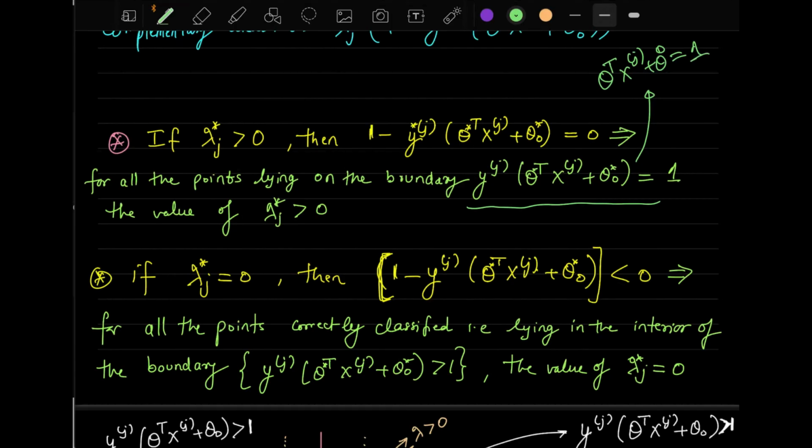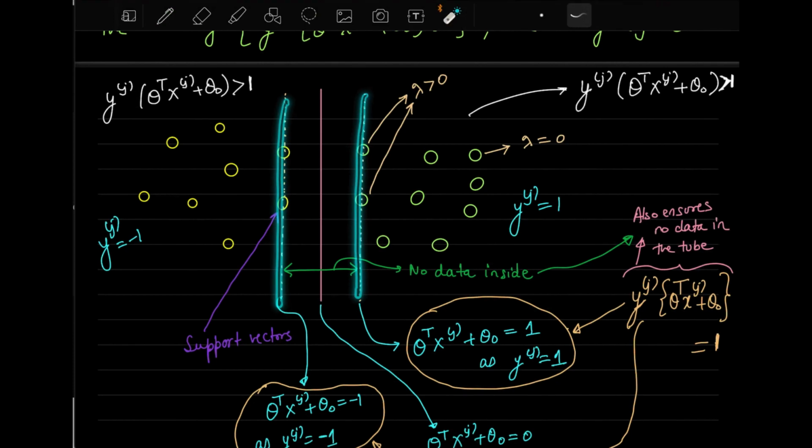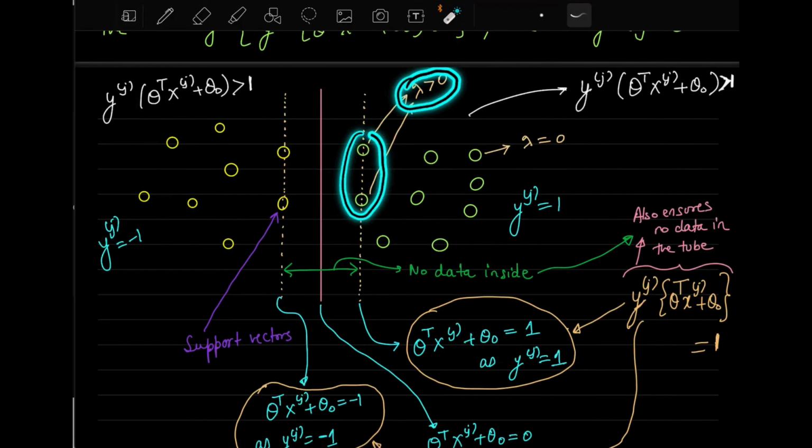And if you put yj as -1, then theta transpose xj plus theta 0 is equal to -1. So all the points which are lying on the boundary will have lambda greater than or equal to 0. Only these points will have lambda greater than or equal to 0.